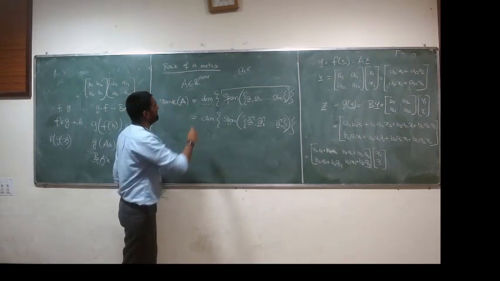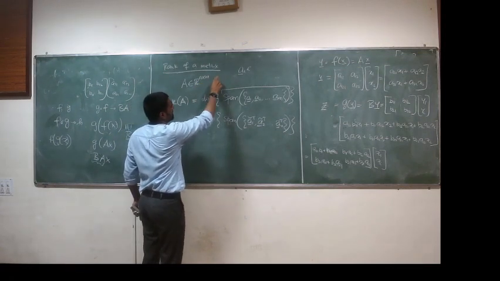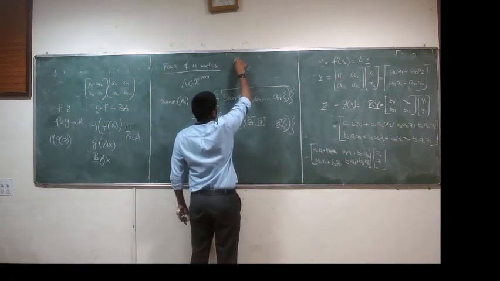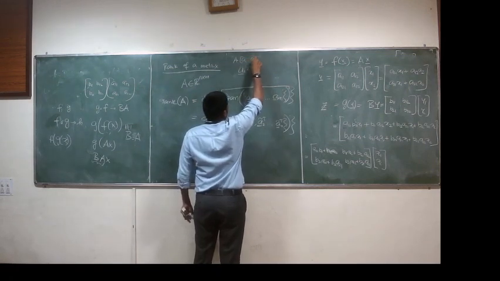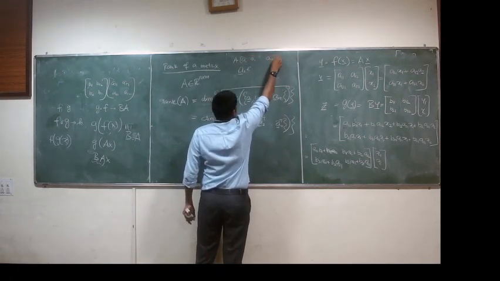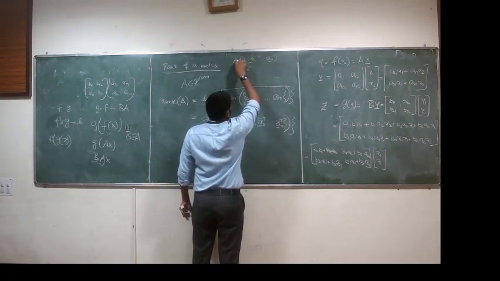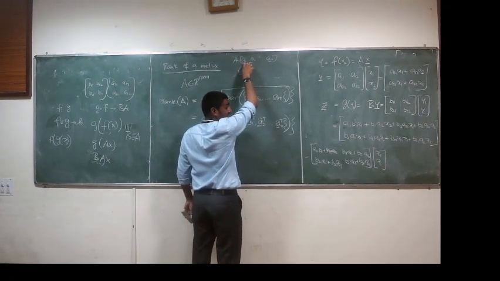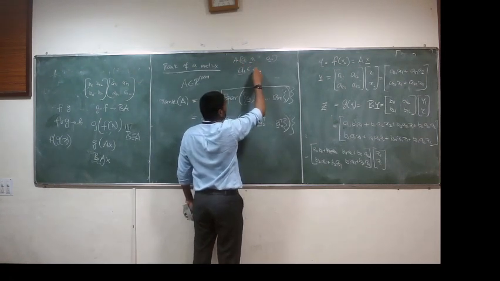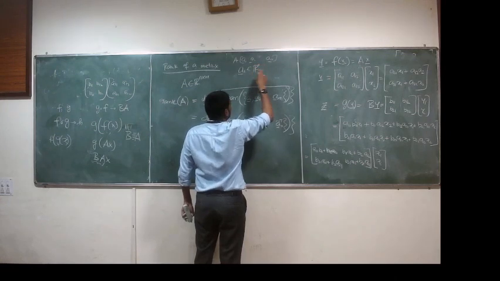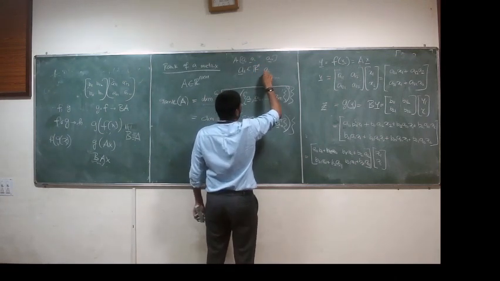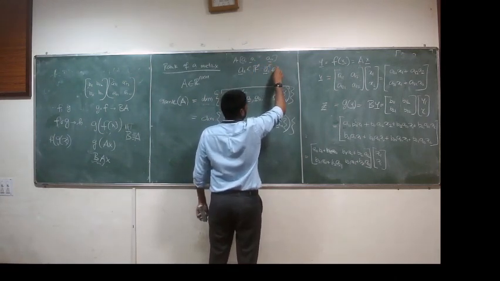See, A1, A2, up to Am. A has n rows. How many elements does A1 have? N elements. That means it's from Rn. And what about the rows? Where are they from? Rm.